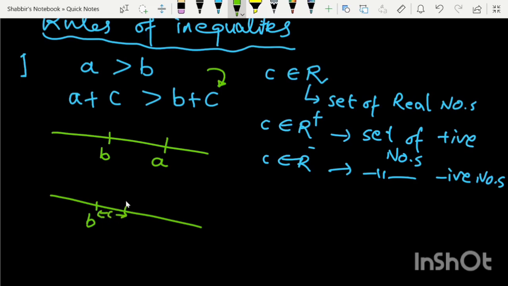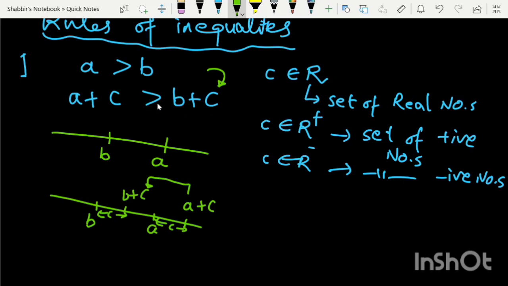So this becomes B plus C, and in the same way A gets shifted to A plus C. Again, as you can see, A plus C is lying on the right hand side with respect to B plus C. So since A is greater than B, the same sign would be there for A plus C and B plus C also.